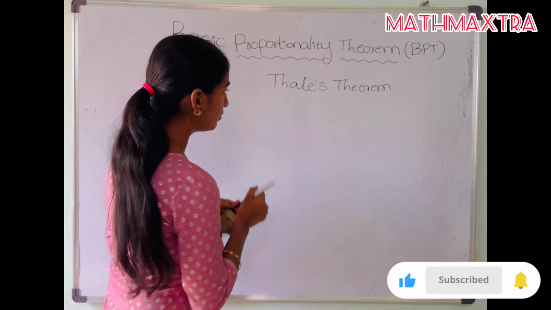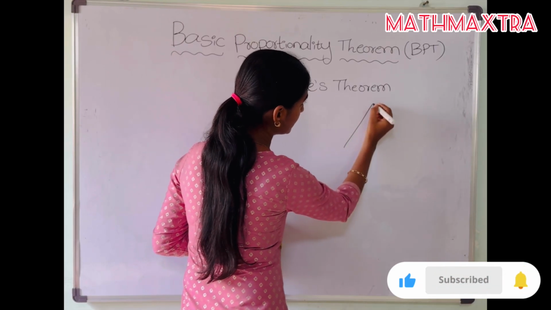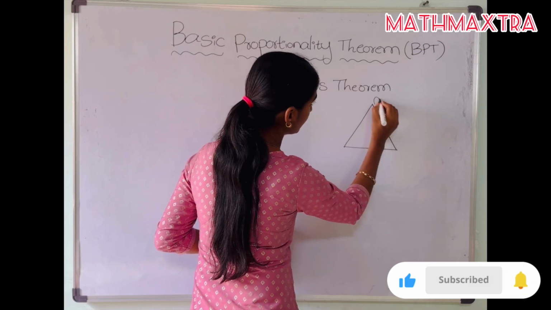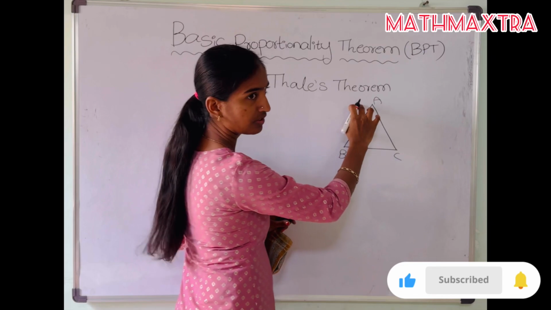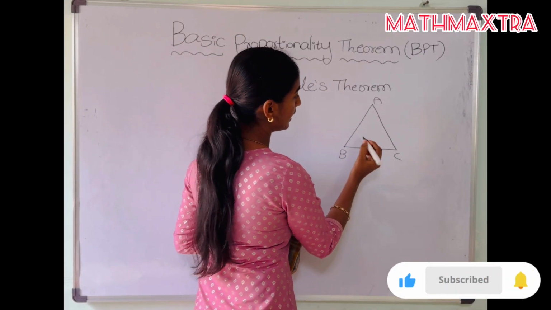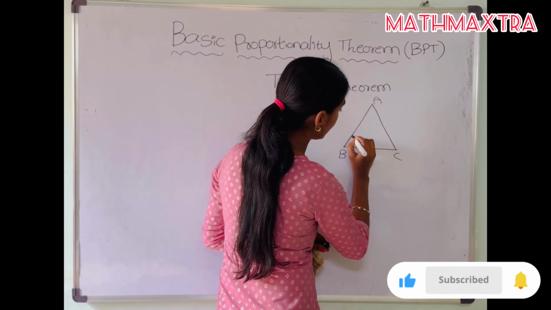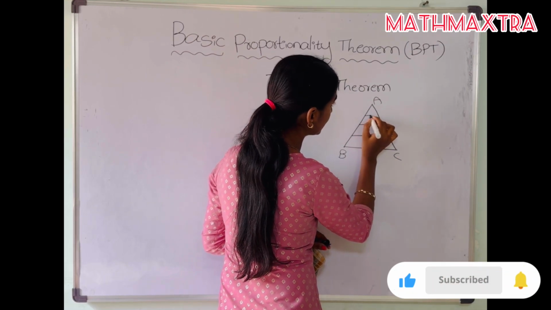So we'll see. You take one triangle. This is a triangle ABC. These are the sides of the triangle: AB, BC, AC. I am taking one line which is parallel to BC. This line can be like this or like this or like this.